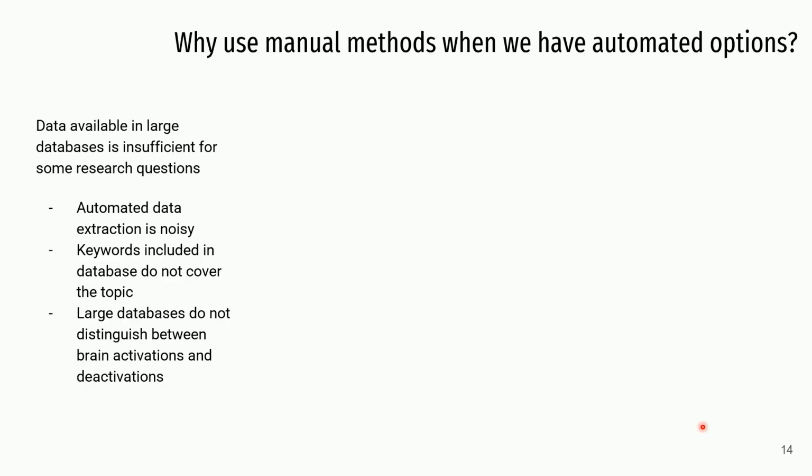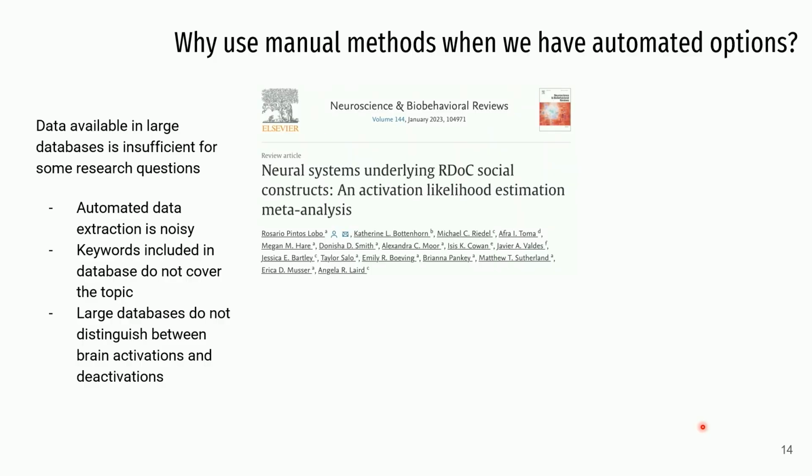Keywords included in the database might not cover the specific topic that you are interested in. And some of these large databases can't distinguish between brain activity versus brain deactivations or functional connectivity, et cetera. So here's an example of where you might want to use an automated option, but because of your research question, it's not the best approach.